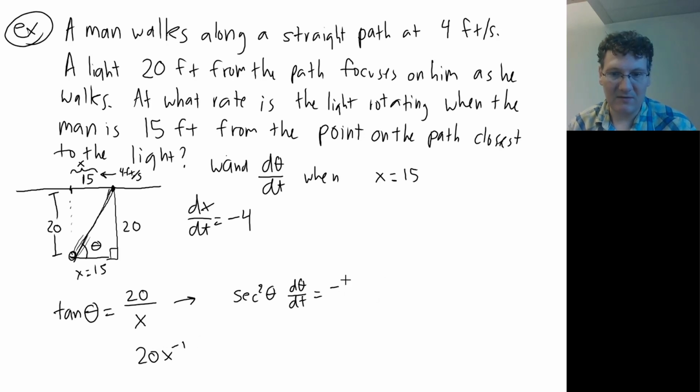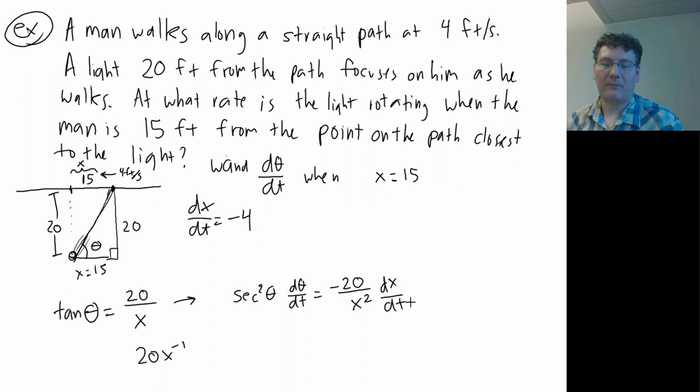So it's going to be negative 20 over x squared, that's x to the negative 2, times dx/dt.